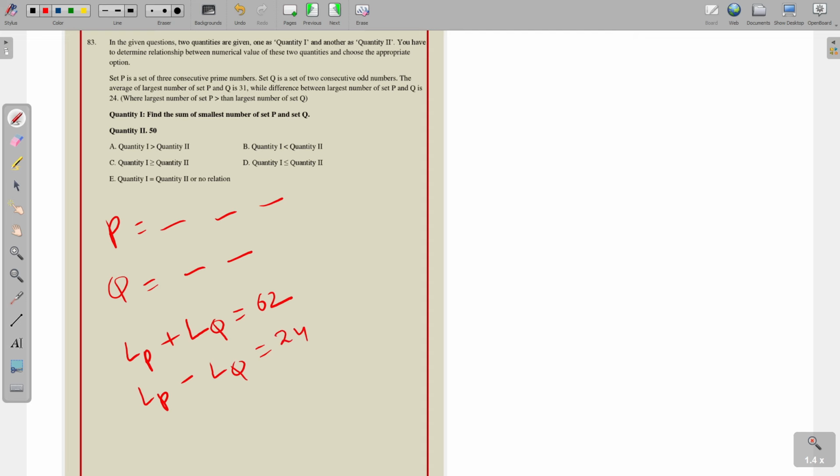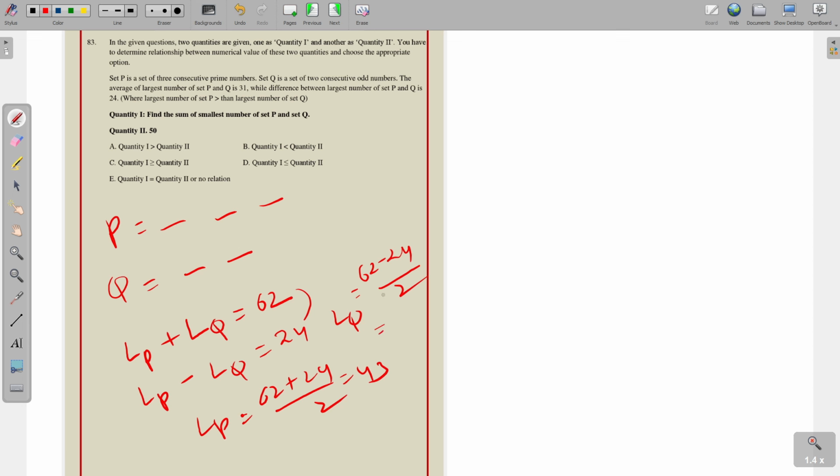If we add these, largest of P equals 62 plus 24 by 2, that is 43. Largest of Q equals 62 minus 24 by 2.